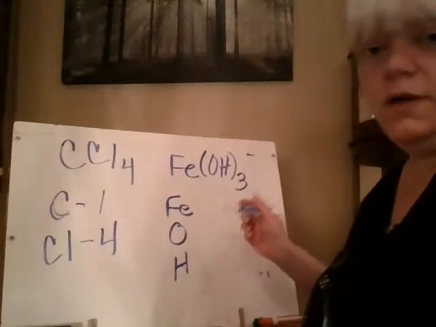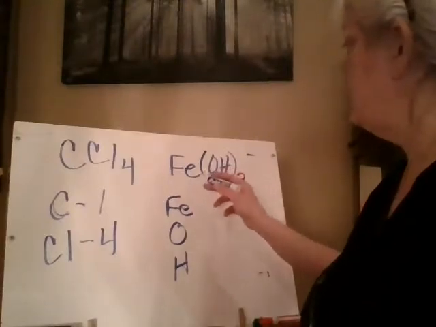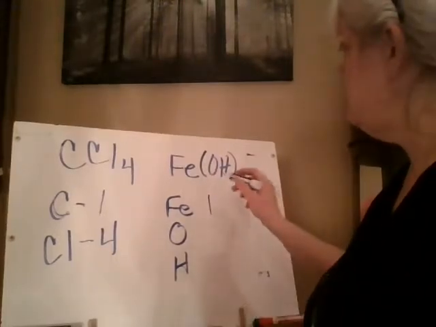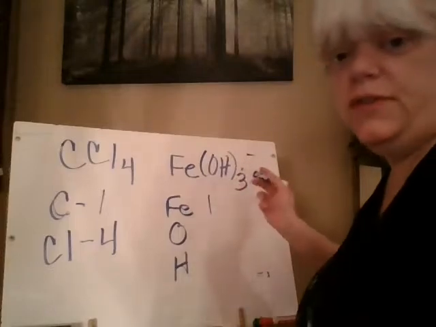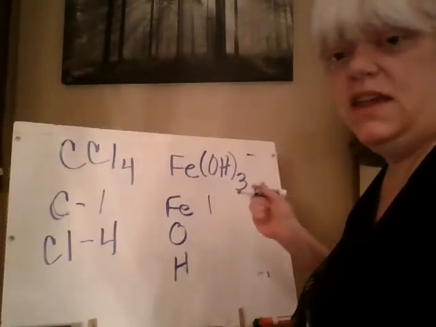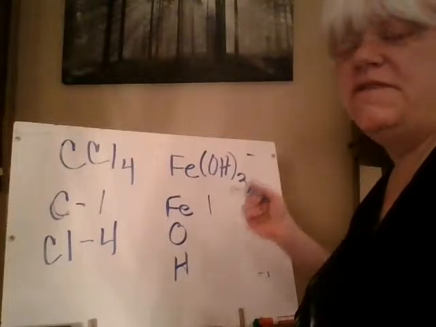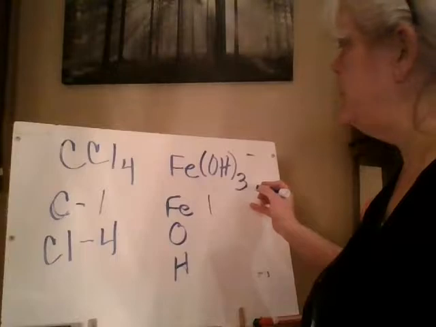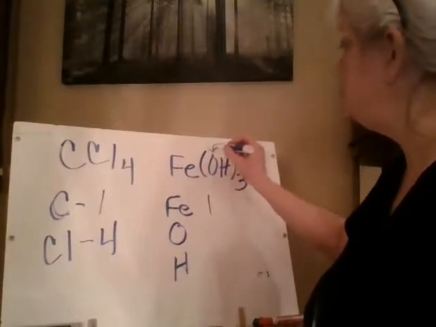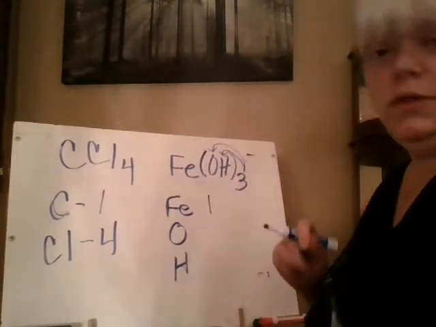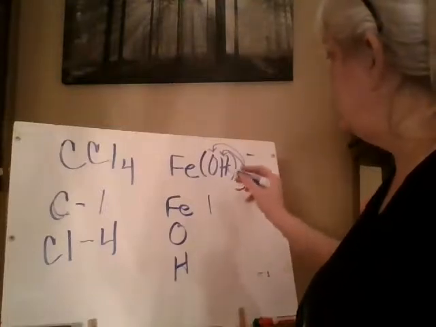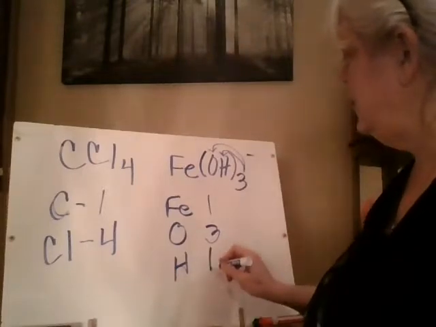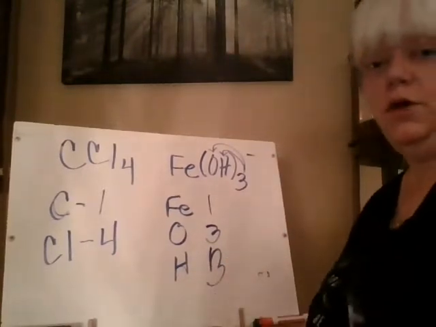Now, how many of each one do we have? With iron, no subscript here, so that means there's just 1. The OH is in parentheses, so remember anything in parentheses is affected by the subscript. So the subscript being 3, that's going to distribute to both elements, and that means we'll have 3 O's and 3 H's.